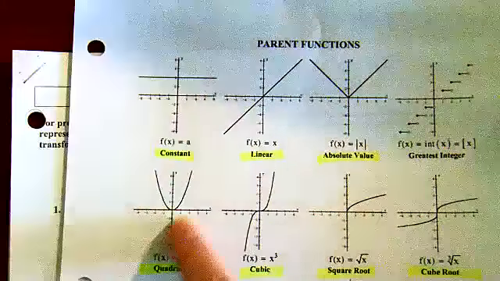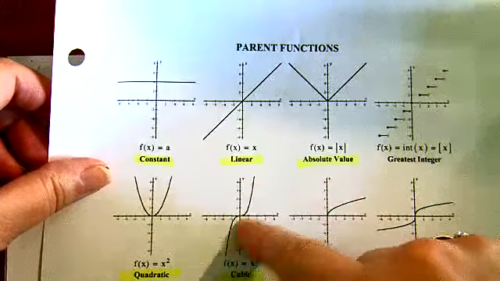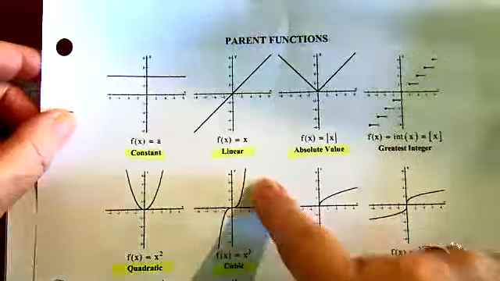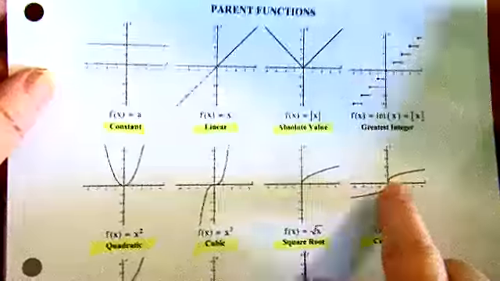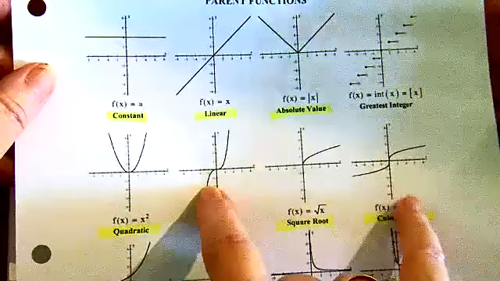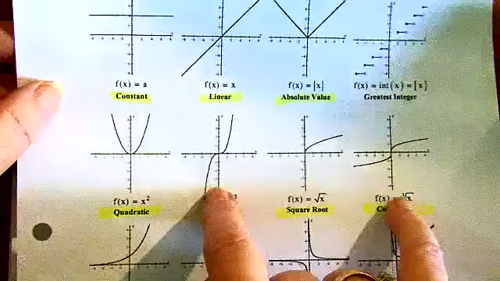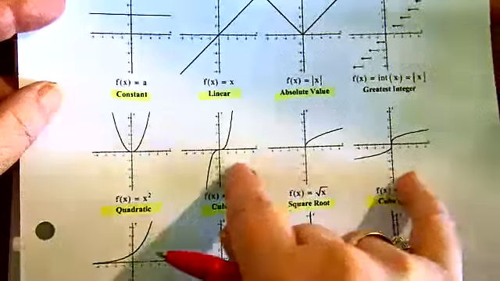Quadratic is the U. The cubic, I call the shuffle, it's just a twisty one. And the square root, we're really not learning this one, it's the partner with the cube root. They're called inverse. So these are inverse and these are inverse.